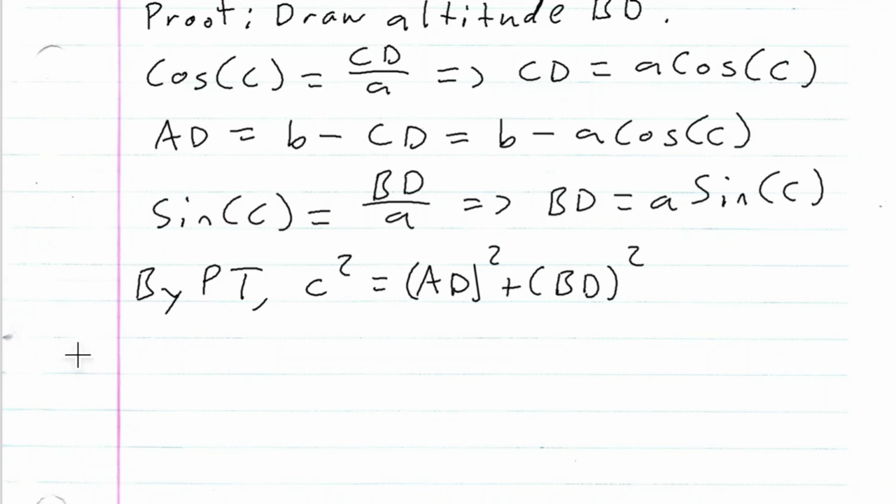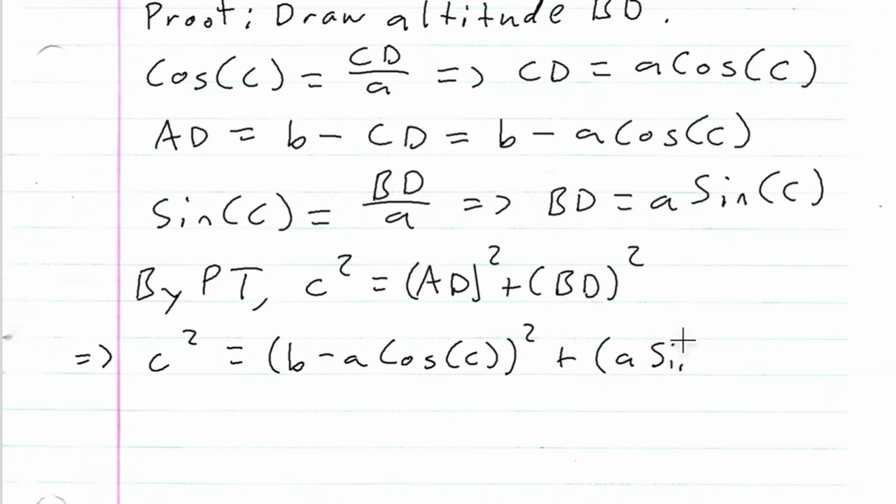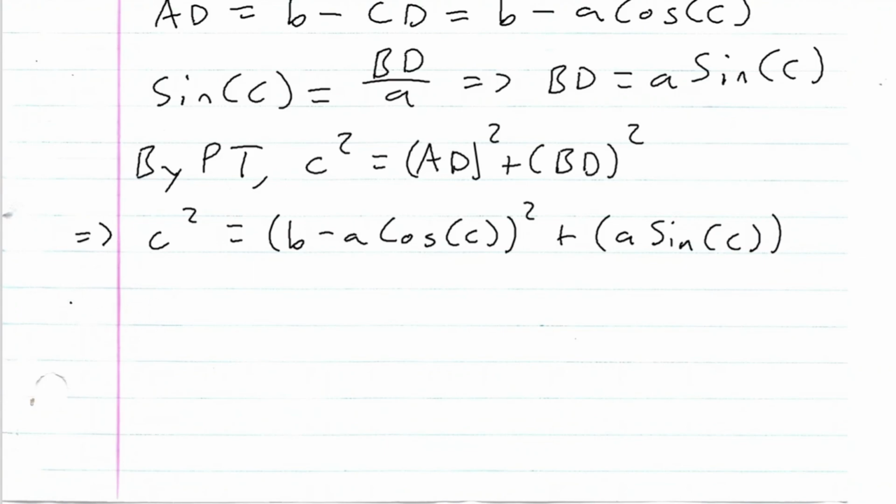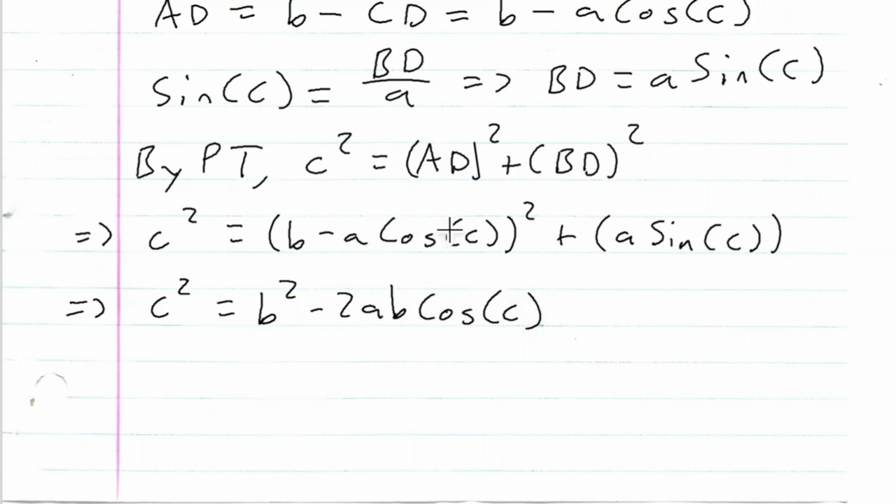So this implies that c squared is equal to, so AD is the same thing as b minus a cosine C, and BD is the same as a sine of C. All right, so doing some more math, this implies that c squared is equal to, so b minus a cosine C squared is going to be b squared minus 2ab cosine of C plus a squared cosine squared of C. And then, oh, I need the squared here, right?